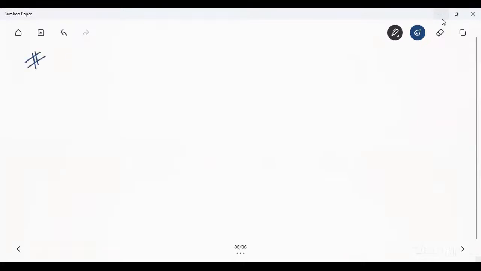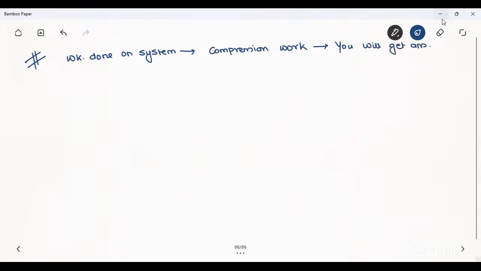But if it is written work done on the system, it means it is a compression work, and you will get the answer in positive.